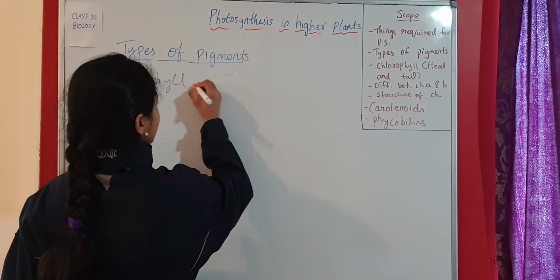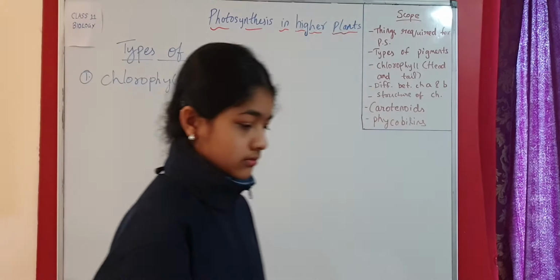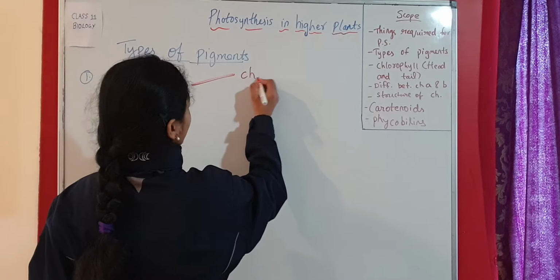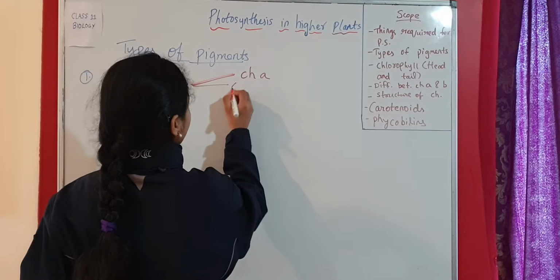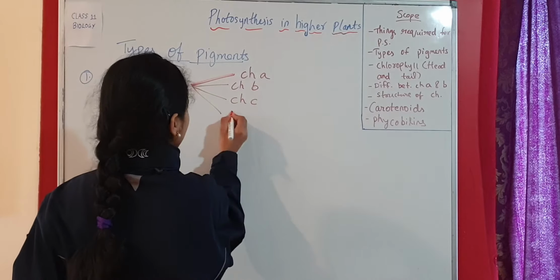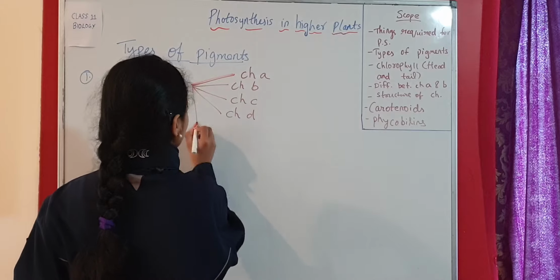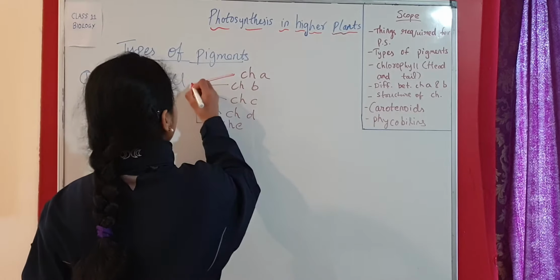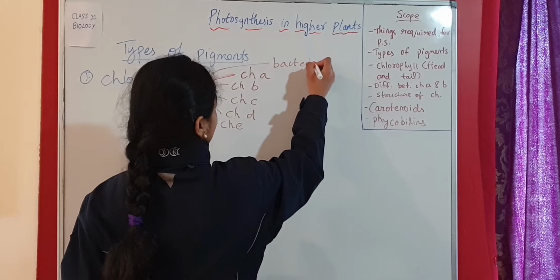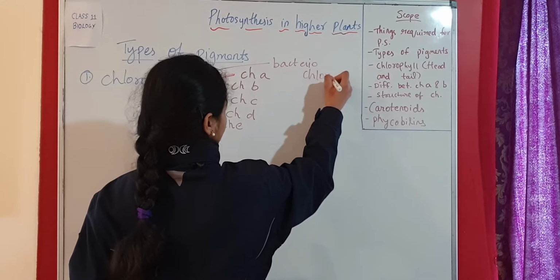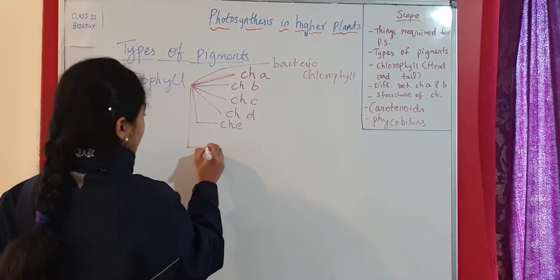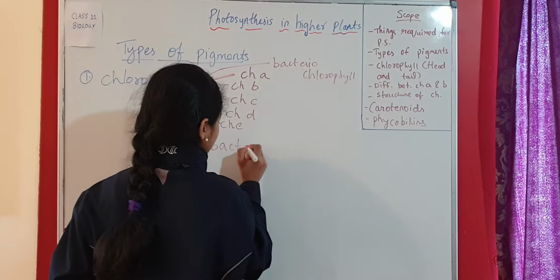So the first one is chlorophyll A. The second one is chlorophyll B, third one chlorophyll C, chlorophyll D, chlorophyll E, and bacteriochlorophyll, and bacterioviridin.